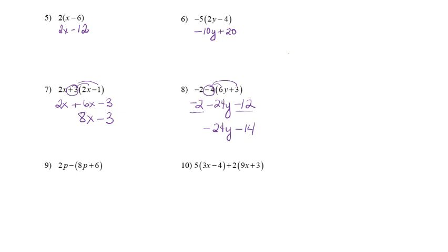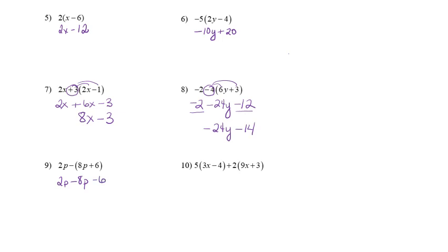Example 9. I can't subtract until I get rid of parentheses. What am I distributing there? I'm not distributing a 2p. I'm distributing that secret 1 right there. Secretly, there's a 1 there. So I'm going to do negative 1 times 8p is negative 8p. Notice I just brought that other 2p down. Negative 1 times 6 is a negative 6.